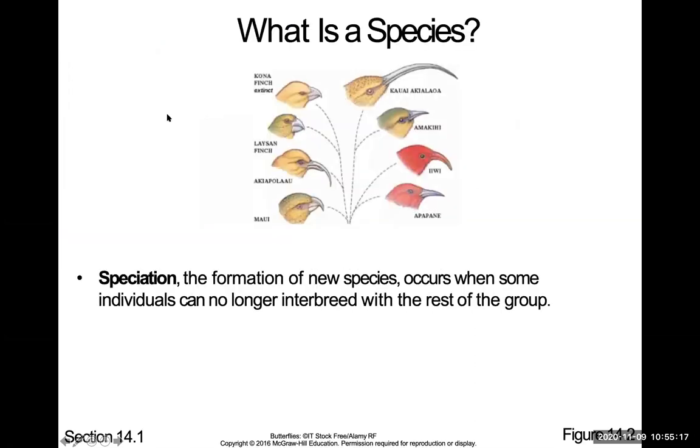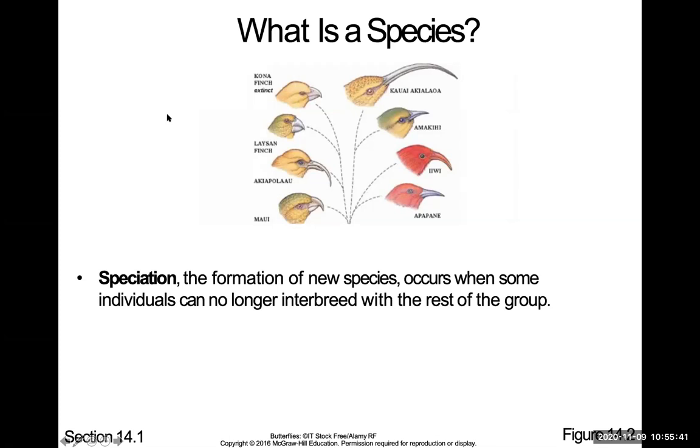Another thing: the definition differs a little bit for organisms like bacteria, because they don't have the same reproductive behavior as animals or humans or plant species. So we can't really apply the biological species concept there. Also, if there's asexual reproduction, that might be difficult.